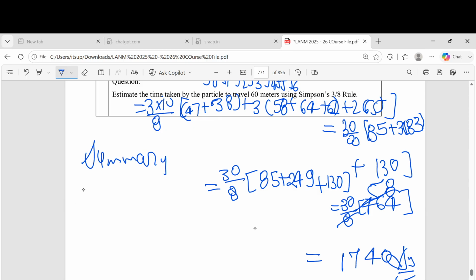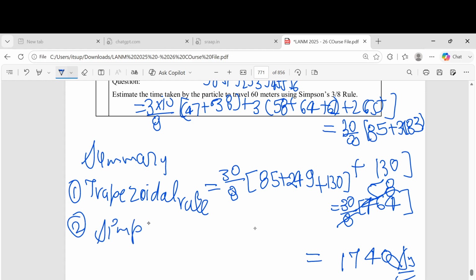In this video, we have solved the trapezoidal rule first, second one is Simpson one-third rule, and third one is Simpson 3 by 8 rule.